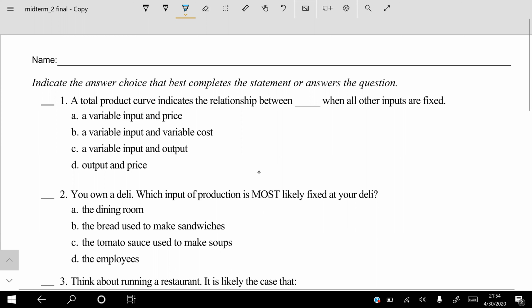So this is a definition problem. And for this one, the answer is C, a variable input and output. Okay? So this is our definition of production.